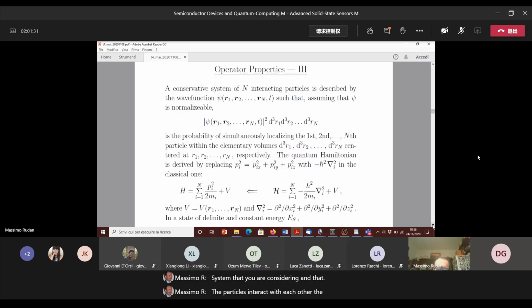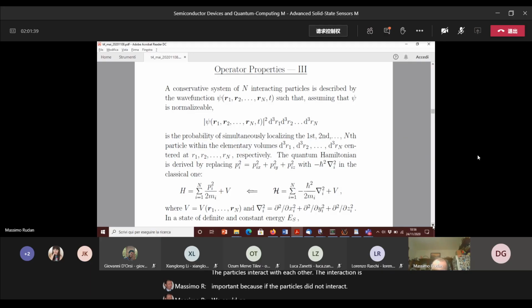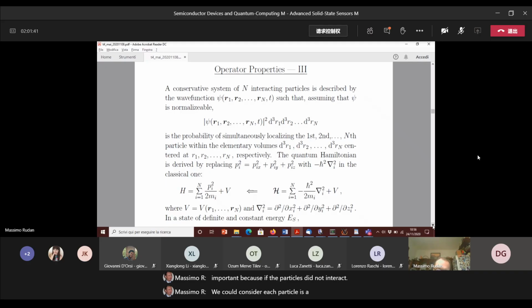The interaction is important because if the particles did not interact, we could consider each particle as a particle alone, so as a separate thing with 3 degrees of freedom. Okay, so when we consider many particles, we must always specify that the particles are interacting, so they form a system of particles.